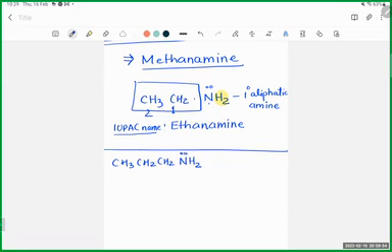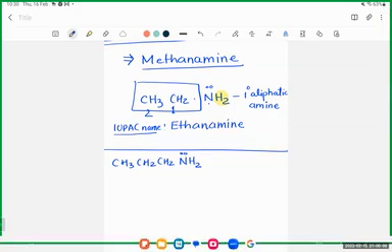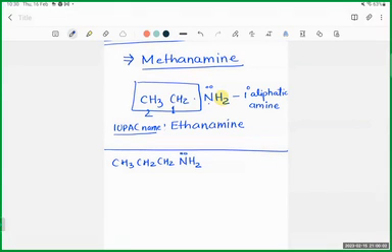Which type of amine is this, Hridaya? Tell me, which type of amine is this? 1 degree. 1 degree aliphatic amine. Aliphatic means hydrocarbon in single straight form or in branched form, not in an aromatic ring form.